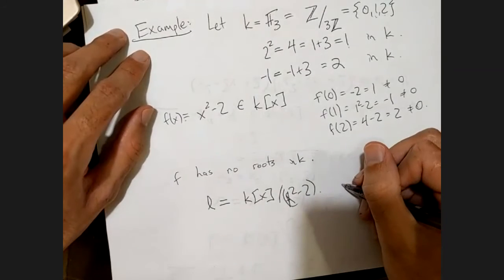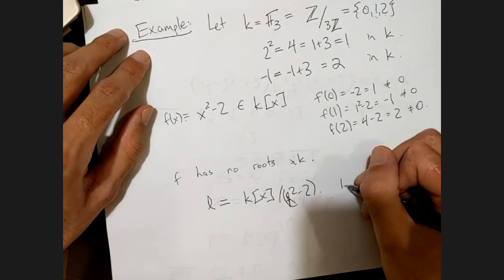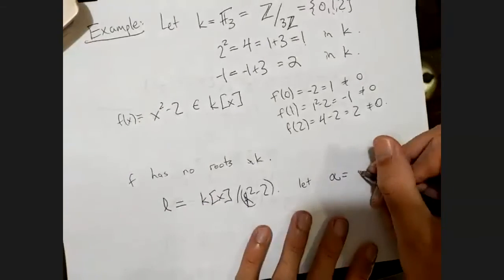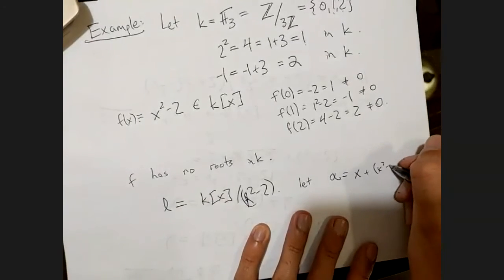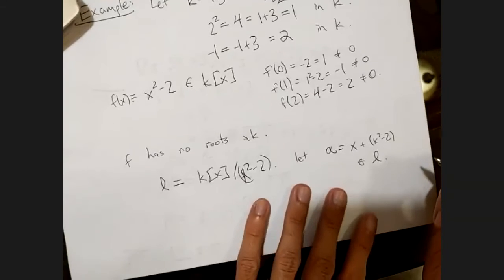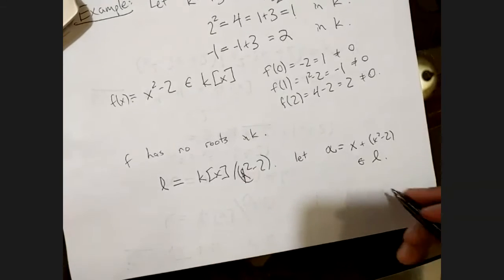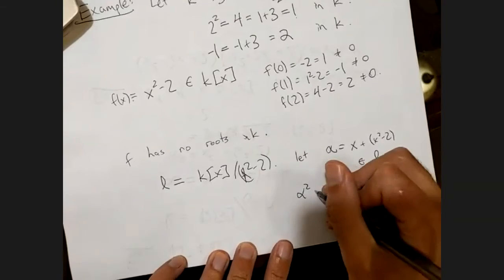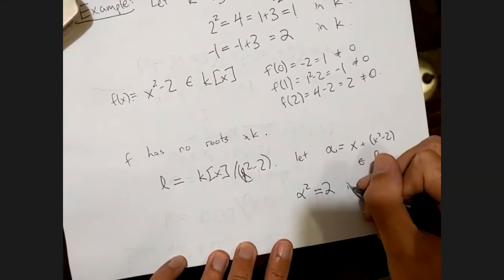And then you let alpha be the coset of x. This is an element of L. And notice, again, the same thing happens: alpha squared is equal to 2 in L.